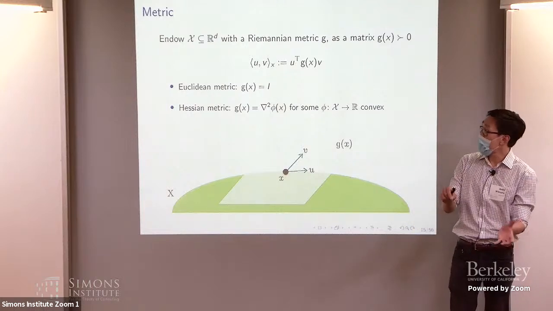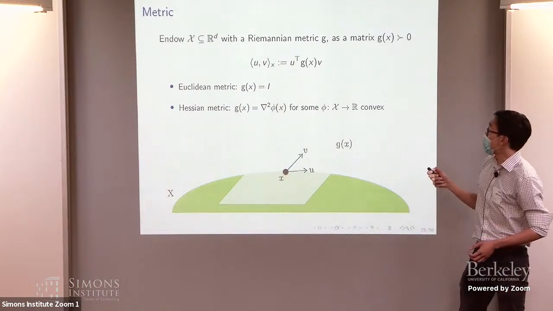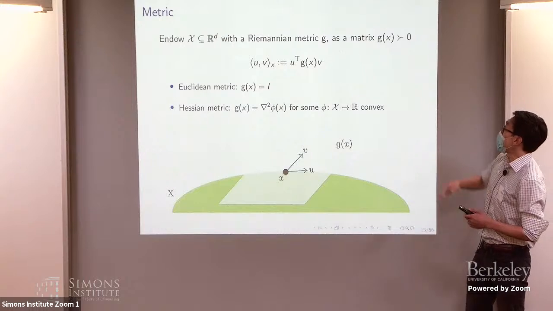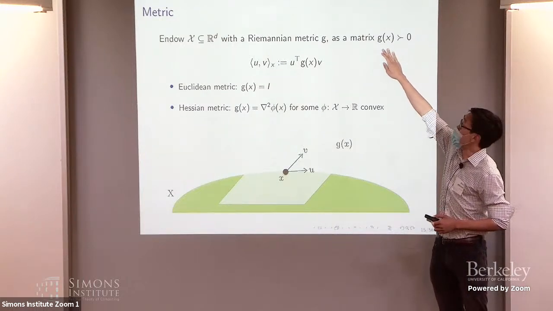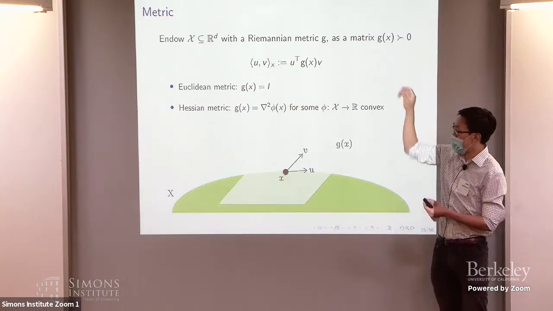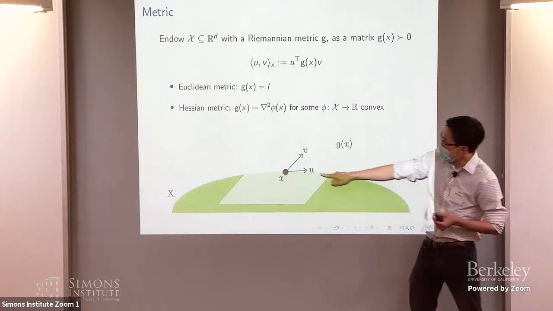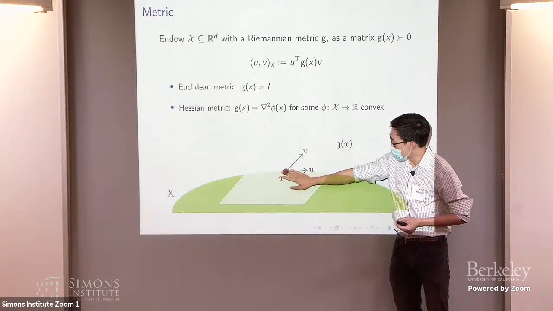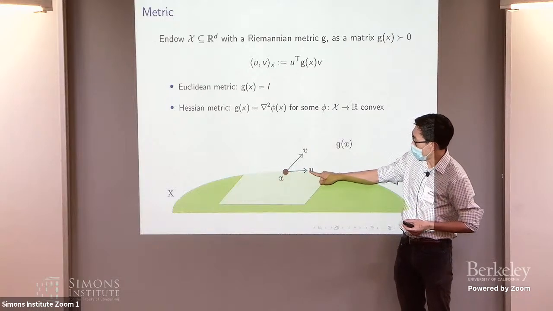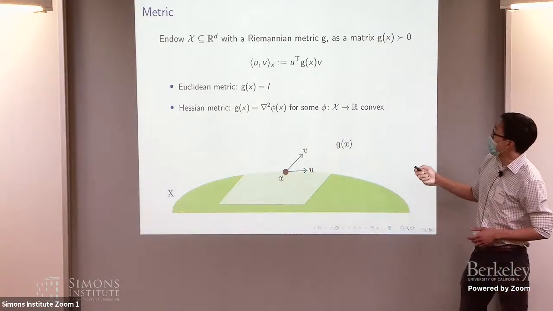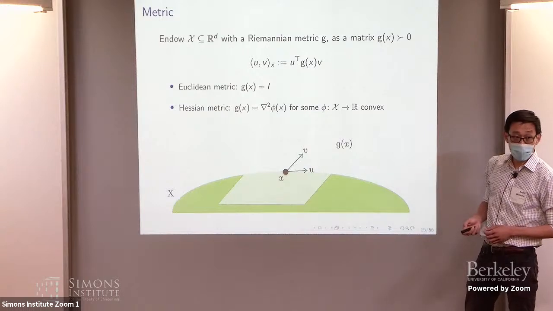At every point x, we endow it with a metric G, written as a positive definite matrix G of x, and we use that to define the notion of local inner product at each tangent space. So at a point x, you have this tangent space, and you measure the inner product between two vectors u and v by multiplying by this G matrix.